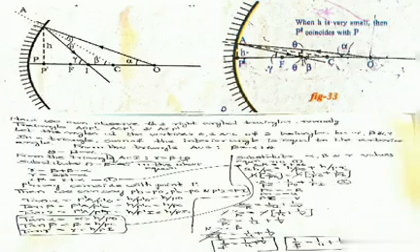Then we can say P dash O equal to PO, and P dash C we can write equal to PC, and P dash I equal to PI.